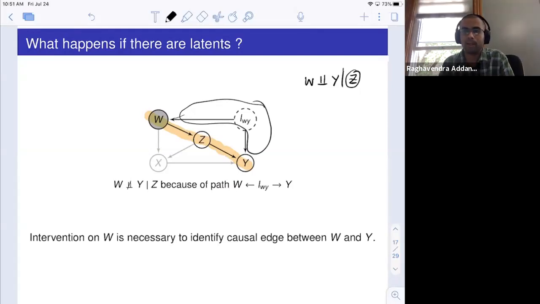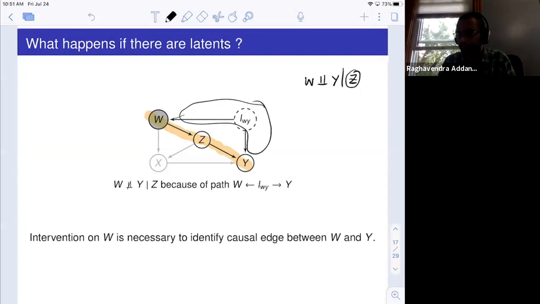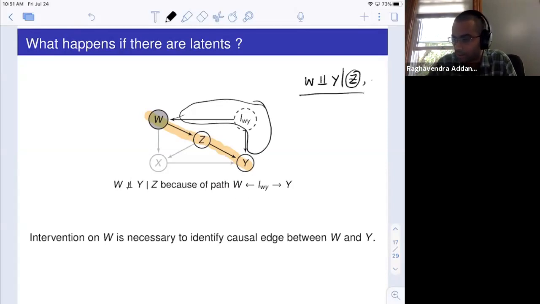The only way to block a path is through conditioning or intervening. So we intervene on W. By intervening on W, this latent path effect is removed, and this test will now result in correctly concluding that W is an ancestor of Y, but not the parent.